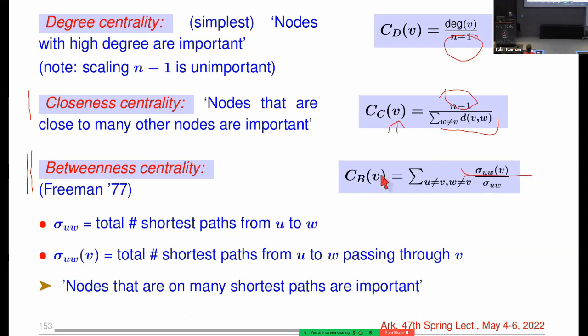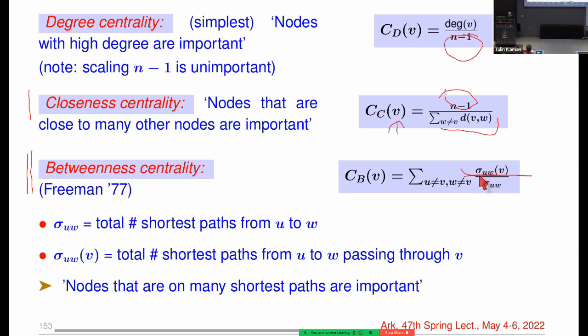Given V, it's the sum over all pairs, U and W. Sigma is the number of shortest paths from U to W. You take all the possible paths from U to W and you count them.